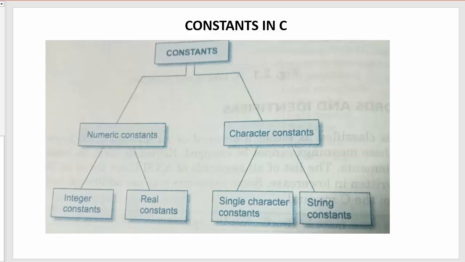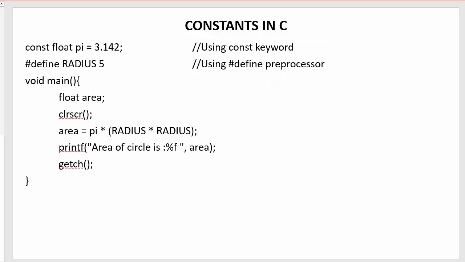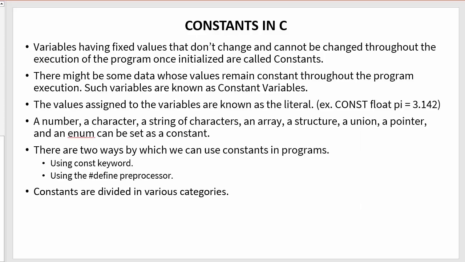I'm sure with this one video you have got a clear understanding of what constants are, how you can use them, and what the various categories of constants in C programming are. I hope you have understood this concept.